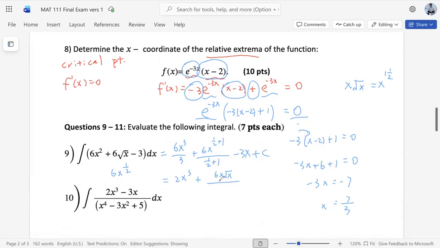Dividing by 3/2 is the same as multiplying by 2/3. Minus 3x plus c. This time we can simplify, so this becomes 4. In the end, we get 2x cubed plus 4x square root of x minus 3x plus some constant we don't know. That's it. So we get a family of functions.